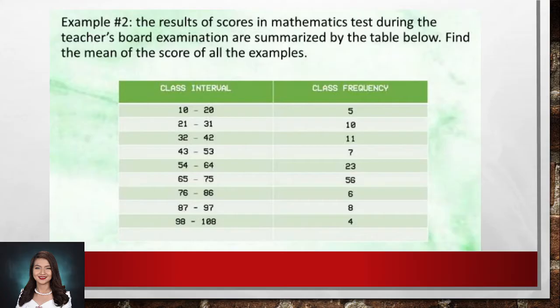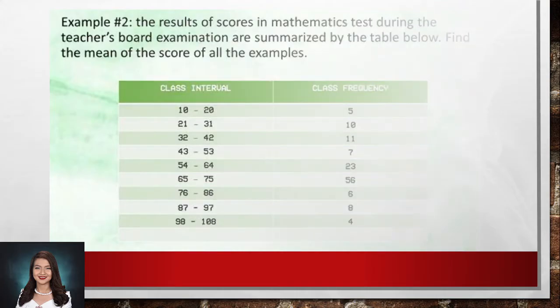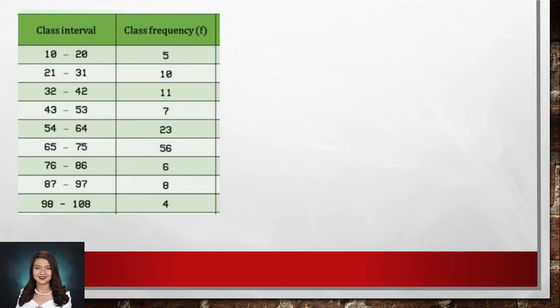And on the right side would be our class frequency: 5, 10, 11, 7, 23, 56, 6, 8, and 4. So we have already input our data.